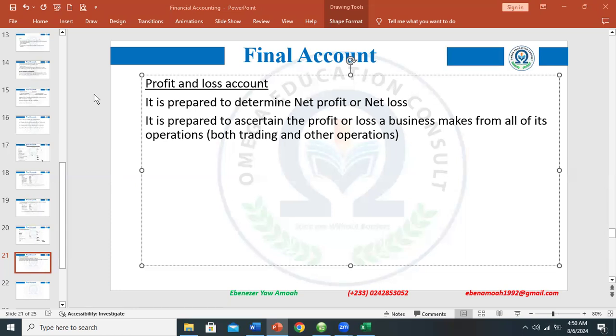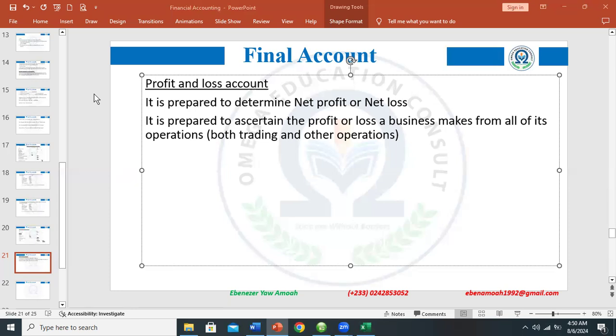But apart from that main buying and selling, I could also do rentals. If you need a car to rent to do a wedding or travel, I can provide those services. Now, those other operations would also bring in income. Apart from that, I could also do investments in other businesses or even in government bonds and treasury bills.